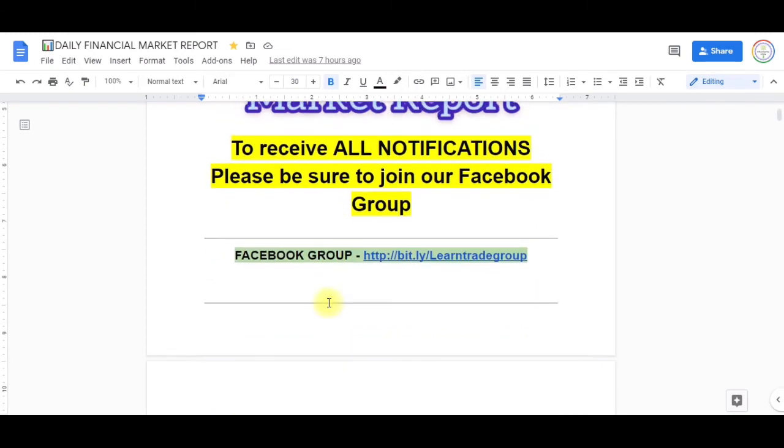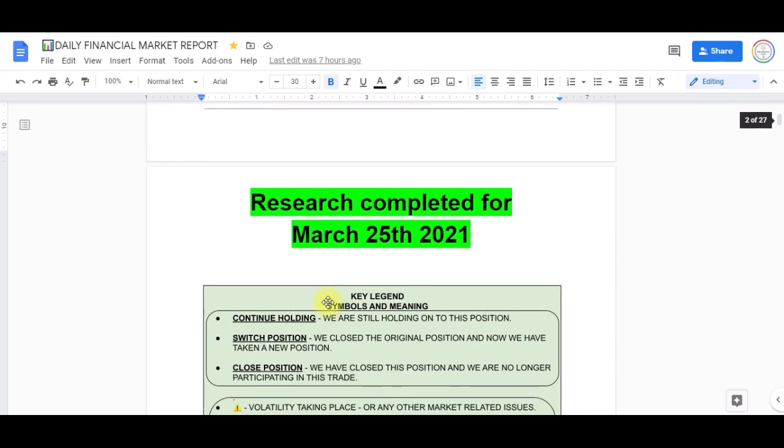So one of the very first important things that you're going to need to pay attention to is this first section here that has a date, where it says research completed for March 25th, 2021. Now, this date right here must reflect the current date that we're in.